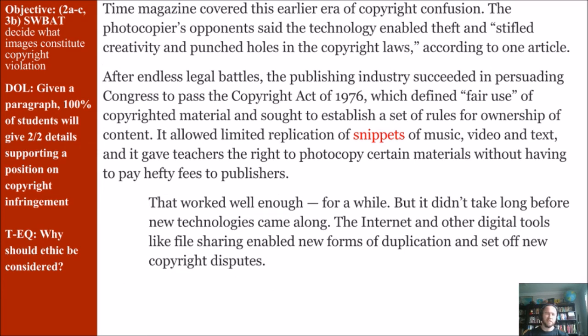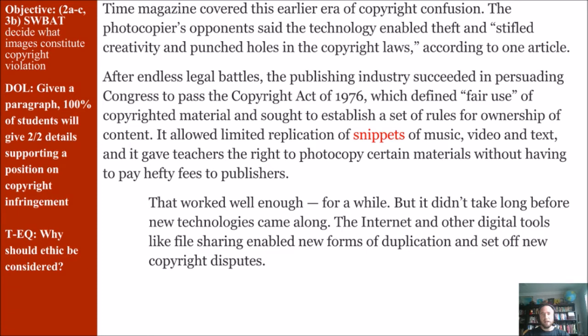Time magazine covered this earlier era of copyright confusion. The photocopier's opponents said the technology enabled theft, stifled creativity and punched holes in the copyright laws. After endless legal battles, the publishing industry succeeded in persuading Congress to pass the Copyright Act of 1976. Do you remember the name of the Copyright Act we had just finished talking about yesterday?